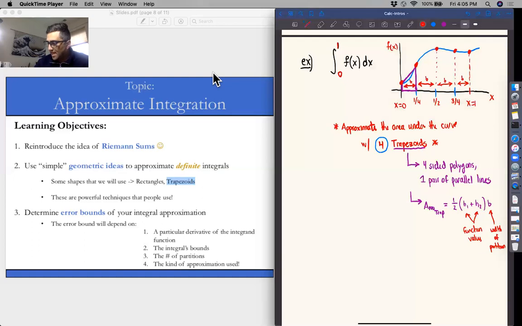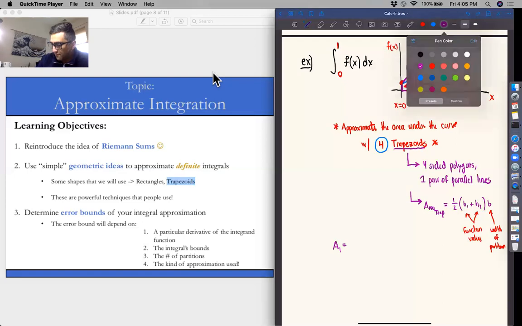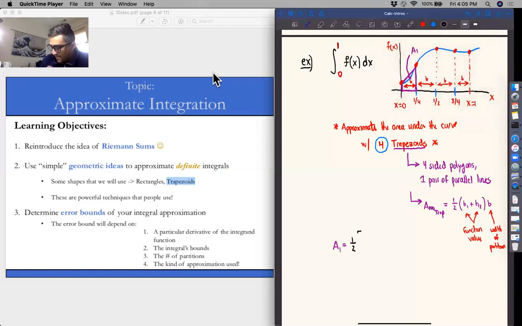When we think of the area of trapezoid 1, using the formula, it's going to be 1/2 times h1, which is the function value of the left side. That'll be the value here, which in this case is our function evaluated at 0. Whereas the second point for h2 will be our function evaluated at x equals 1/4.